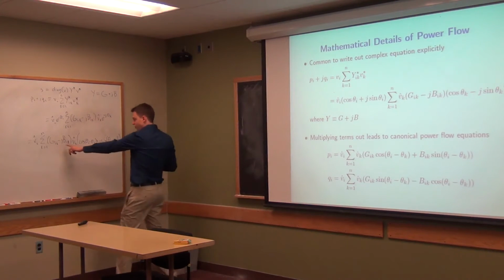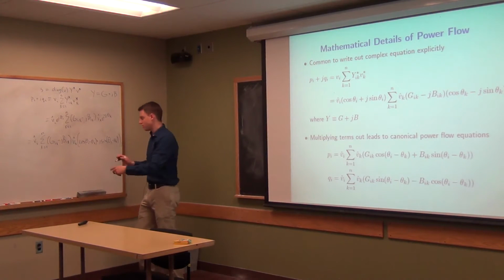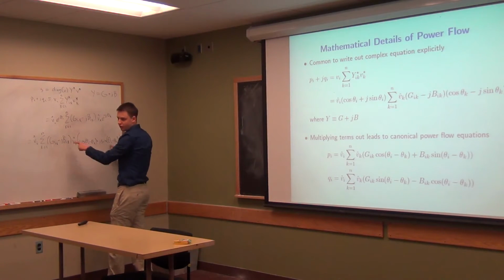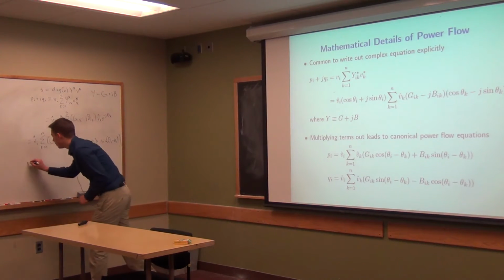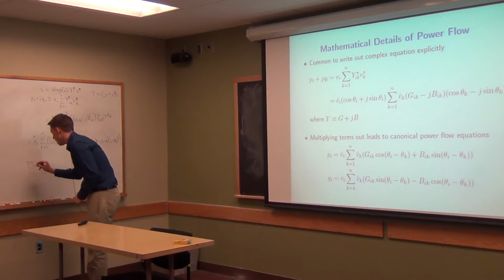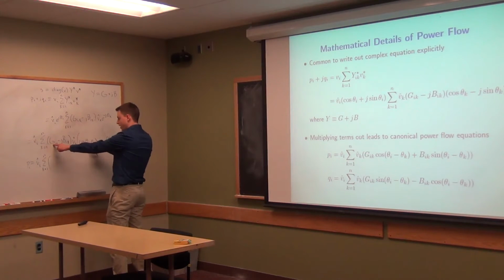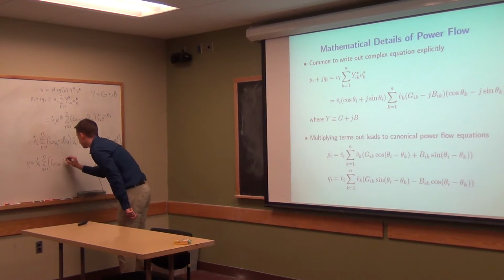Well, there's the imaginary number here and one here. So when you multiply these, the real component is going to be these things. And also when you multiply j times j, those are going to cancel to become minus 1, and you'll have a real portion again. So the real portion here is p_i equals v_i times the sum from k equals 1 to n of, well, the first term we'll get is just this times that, still real: g_ik cosine theta i minus theta k.